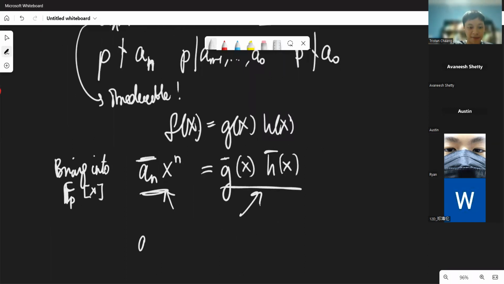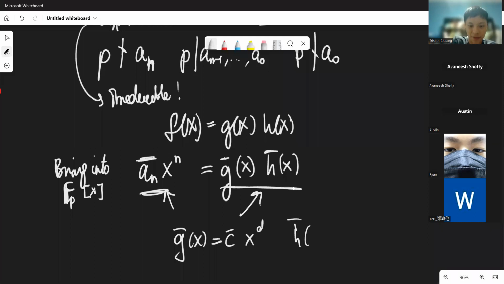In the end, I can conclude that g bar(x) is some constant c times x^m, and then h bar(x) is d times x^(n-m).